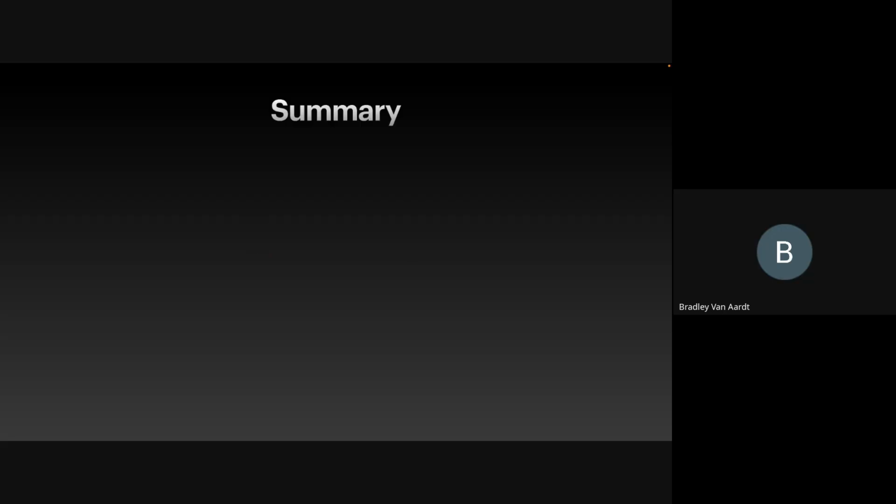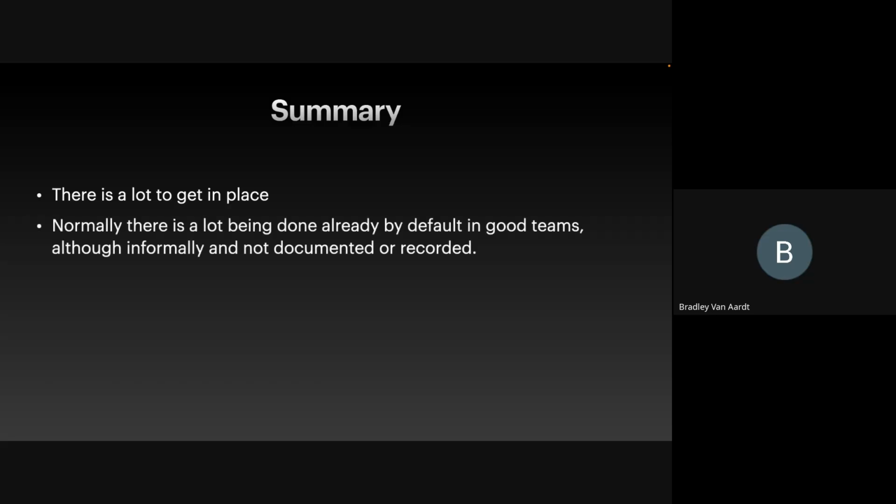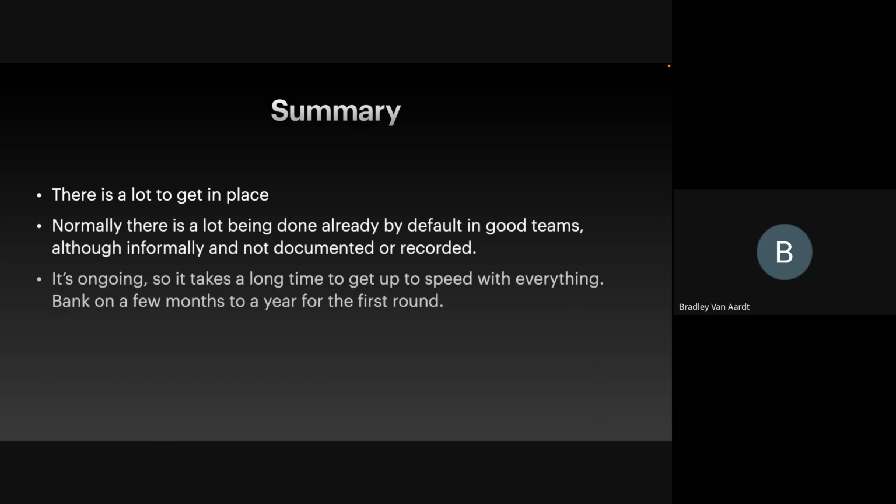Okay, cool. So the summary is there's a hell of a lot to get in place, and the difficulty is getting it documented. The easiest thing to do is set up tickets on a ticketing system so that you regularly capture these things. Normally, a lot of these things will be done, but they're not documented and recorded, so that's why you want to set that up.